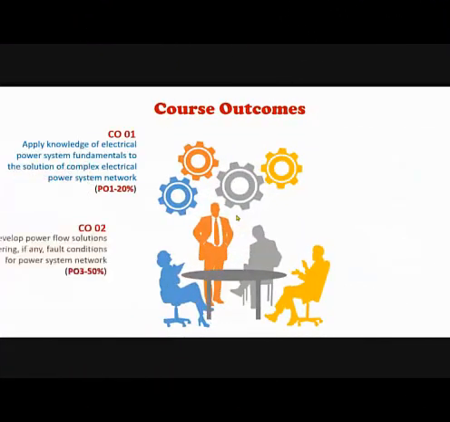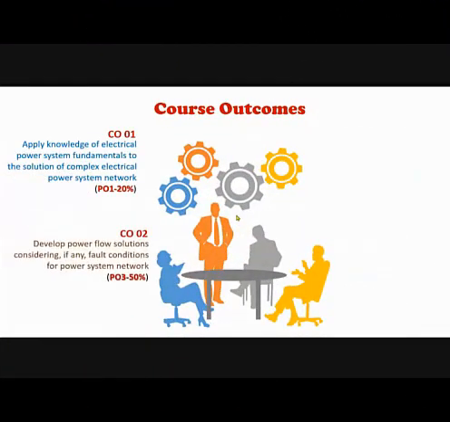Okay. These are the outcomes of this subject. We have 4 course outcomes. So the first course outcome is that at the end of this course, students should be able to apply knowledge of electrical power system fundamentals to the solution of complex electrical power system networks. Okay, this is CO1.